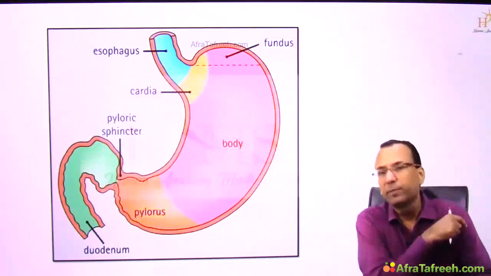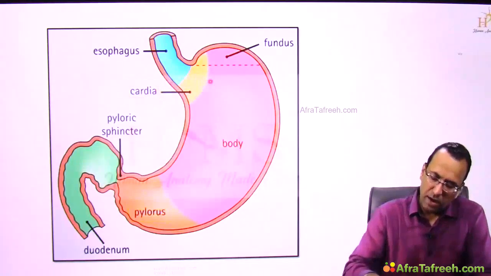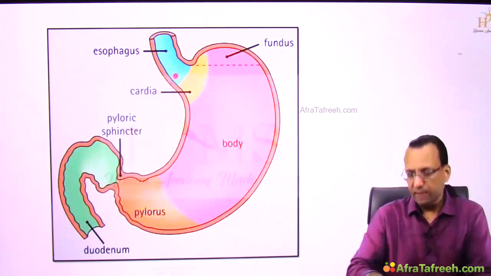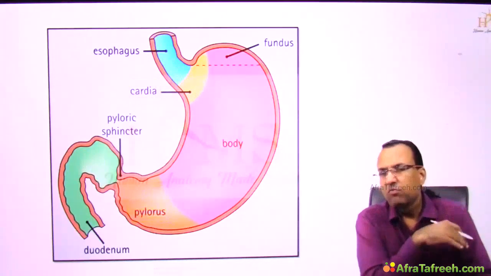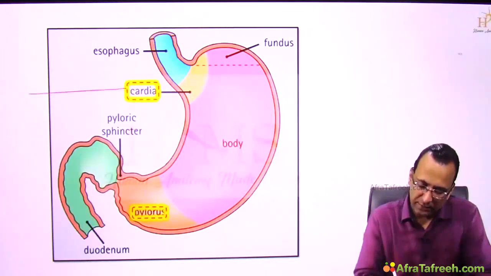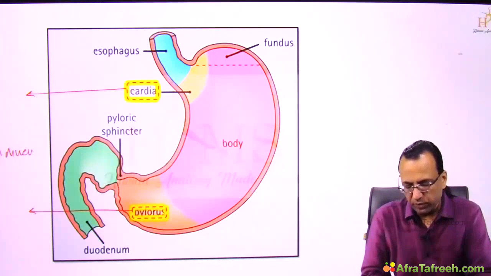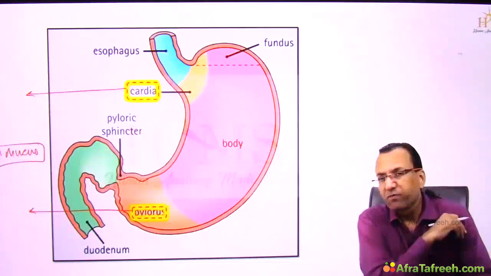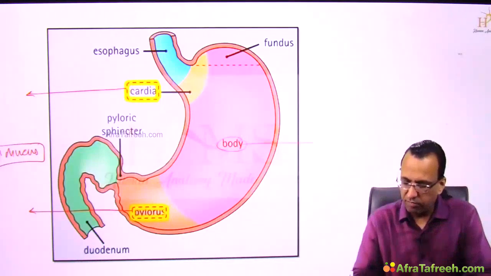We have to focus upon the beginning and ending. See, the cardia, which is the beginning of the stomach, and the pylorus, which is the ending of the stomach, should have more mucus secreting cells. Why should the cardia and the pylorus have more mucus producing cells? Because you have to neutralize the acid which is being produced in the body.